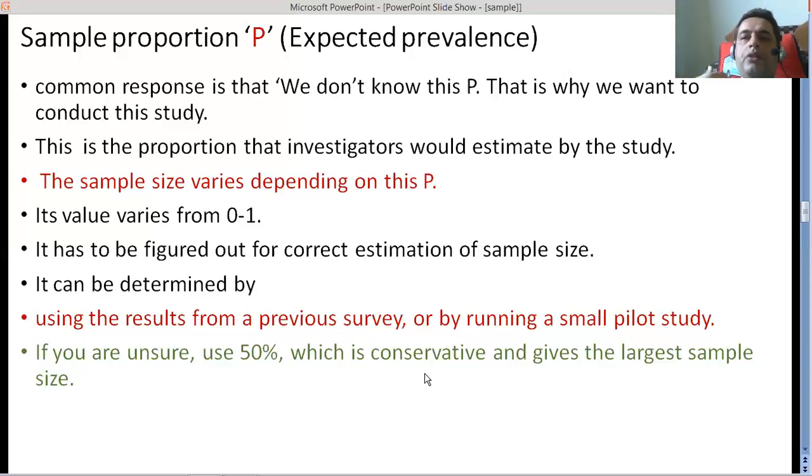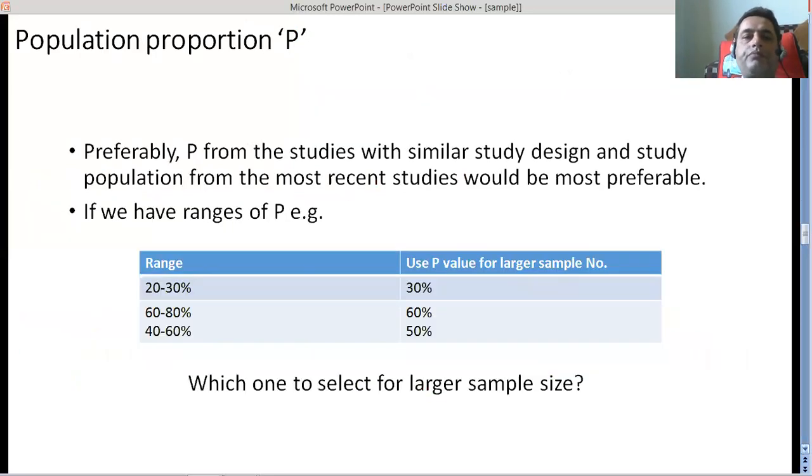If you cannot conduct any small pilot study due to certain limitations, then you can use 50%, or 0.5 in other terms, as the value of P here.